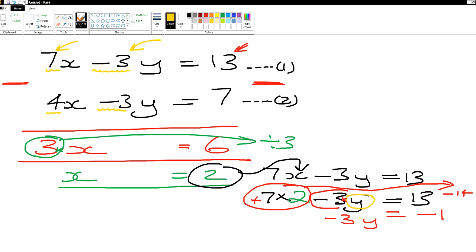Okay. So now we need to do the opposite of multiply by minus 3. Now this is where the students make more mistakes. Hassan, listen carefully to my language. Opposite of multiplying by minus 3 is? Opposite of multiplying is divide by. Divide by plus.